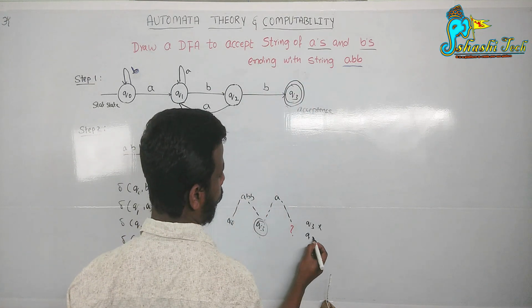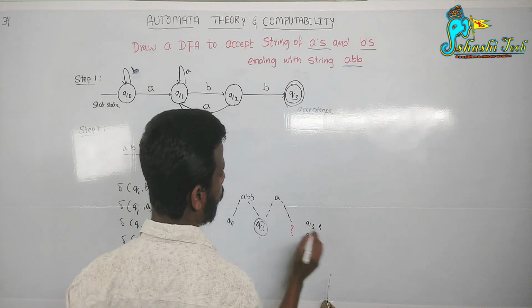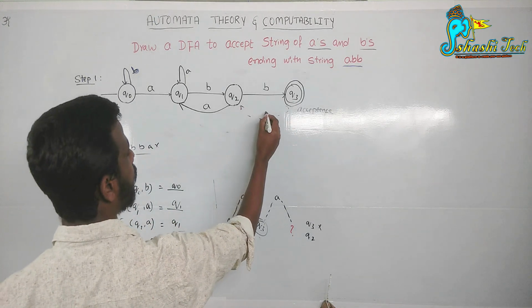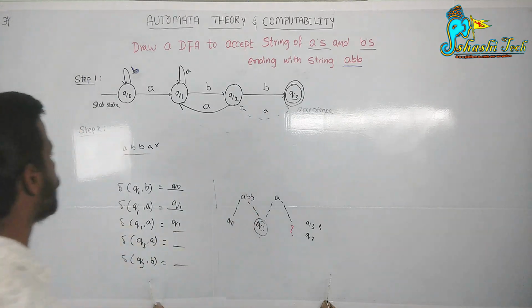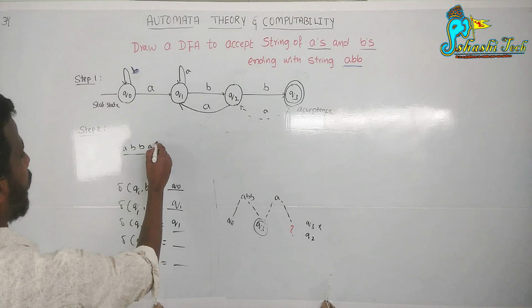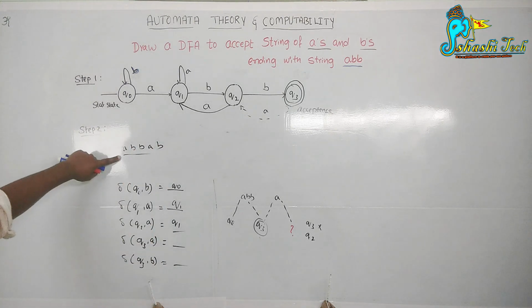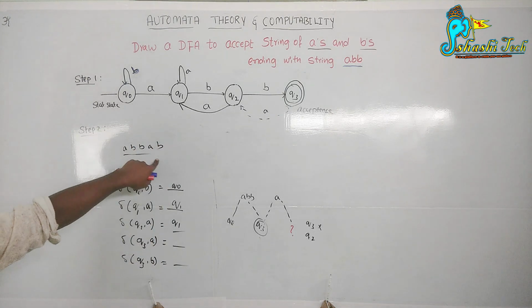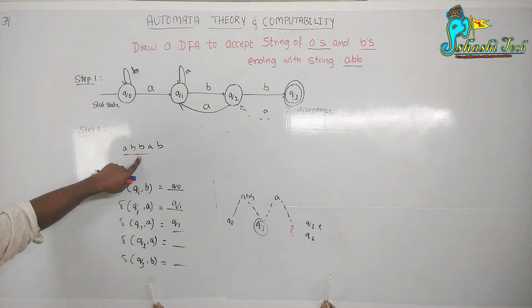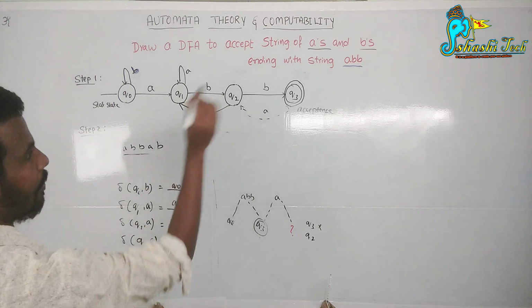Let us go to Q2. Q3 upon accepting A, it is going to reach the Q2 state. I will consider the string A, B, B, A, B, A, B, B, A, B. Whether this should be accepted or not? No, it should not be accepted according to the question.